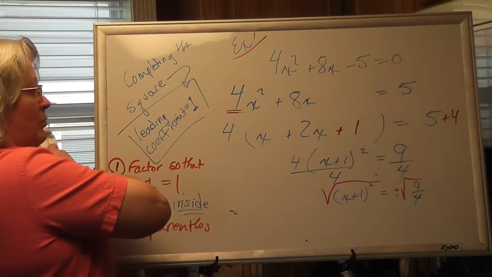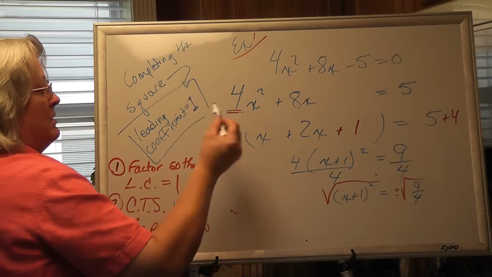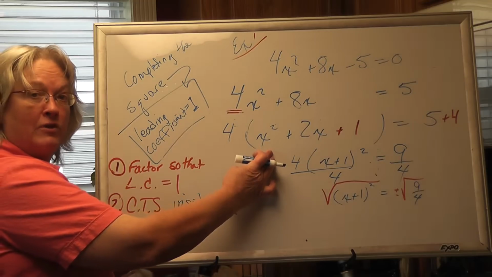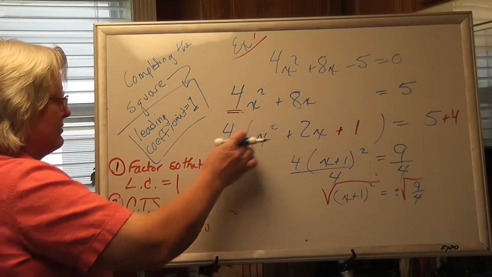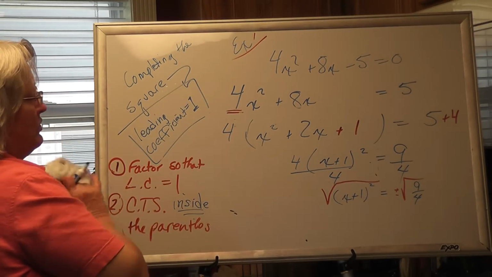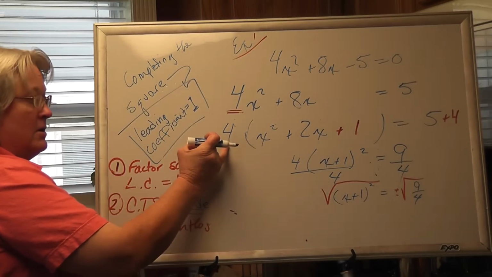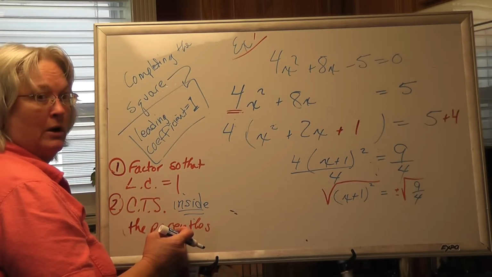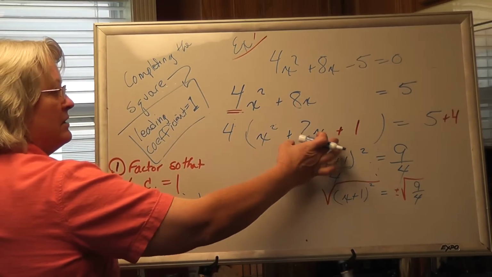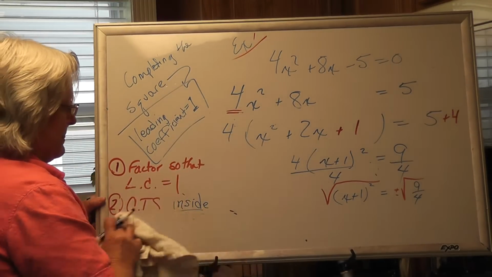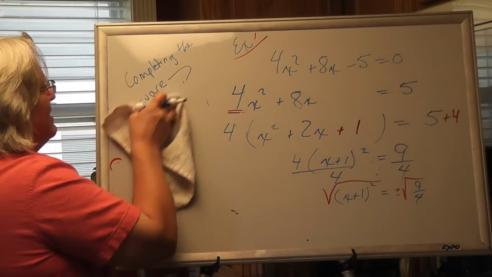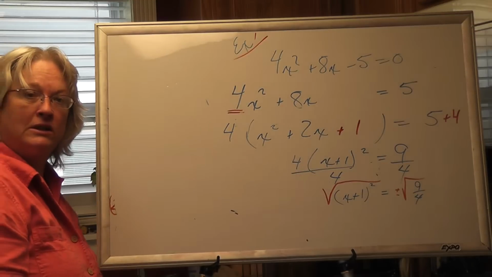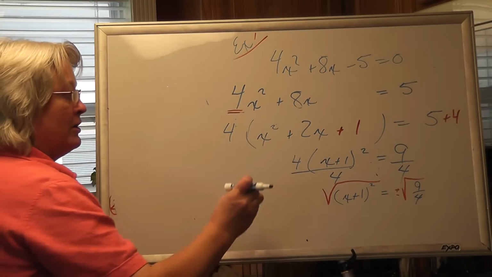Which meant that within the parentheses here, we now have an expression with the leading coefficient of 1. So we can factor this. After you have factored to end up with a leading coefficient of 1, then you're going to complete the square inside the parentheses. And when you complete the square inside the parentheses, that puts a little bit of a different twist on your problem.